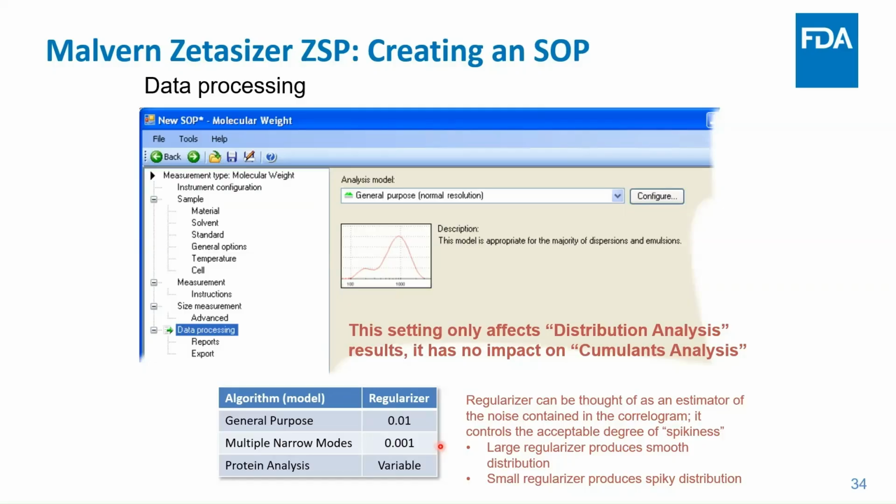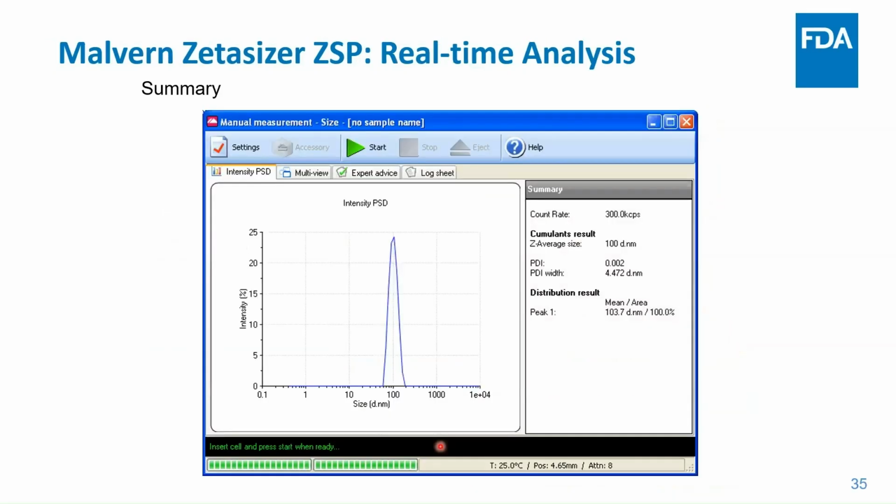So we'll actually look at an example here in a second. But this is what a typical in-run report looks like. So you can see it has a calculated distribution based on intensity.